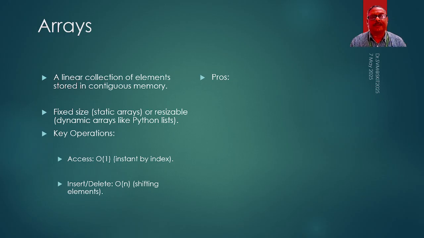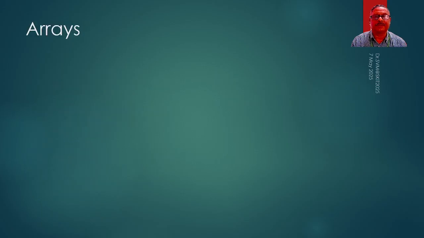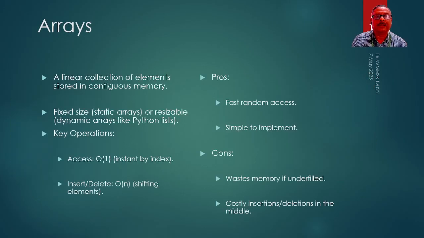So the positive side of working with arrays is fast random access. Randomly any element can be accessed at constant time, and it's simple to implement. Coming to the negative side, if we are working with a static type of array, then at compilation time only, we have to define what is the size of the array we are going to use.